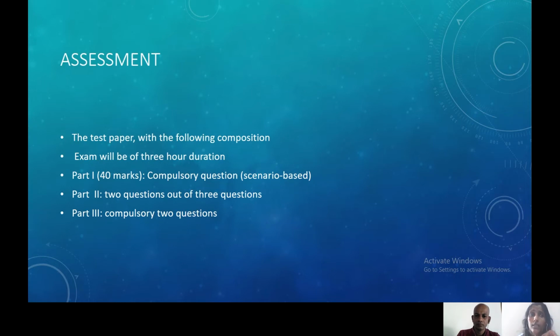That's your syllabus. When it comes to the exam, you have a 3-hour duration, and the paper consists of 3 parts. Part 1 carries 40 marks. It's a scenario-based compulsory question.